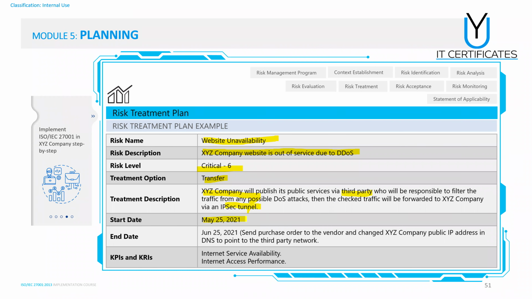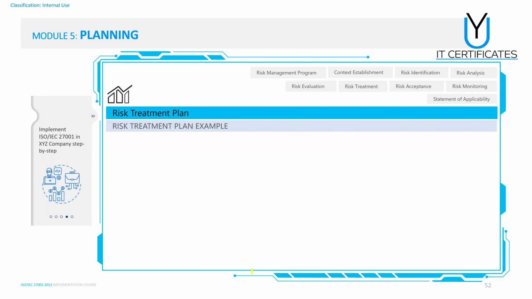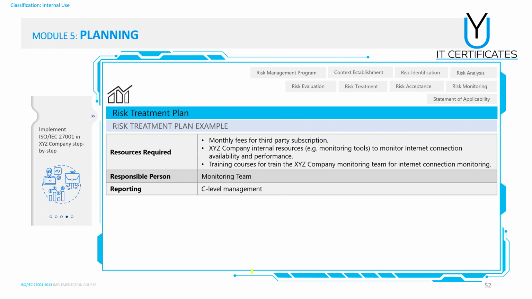Start date should be May 2021, end date after 1 month, until they send the purchase order, and the IP address will be changed in the DNS server. What are the KPIs and KRIs? They will be internet service availability and internet access performance. What are the required resources?